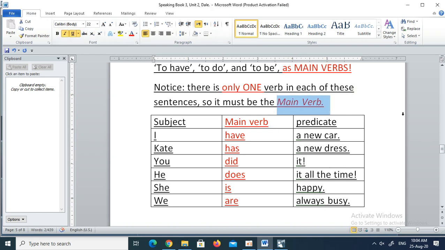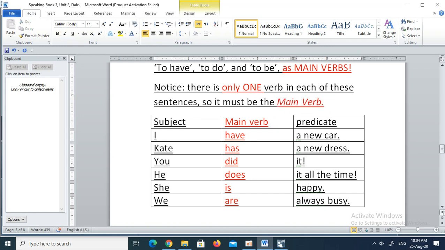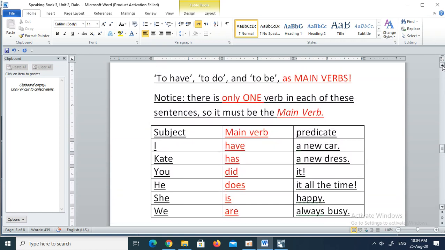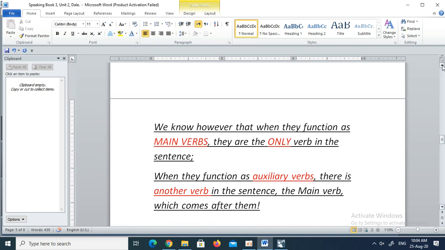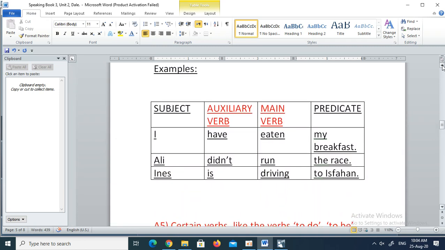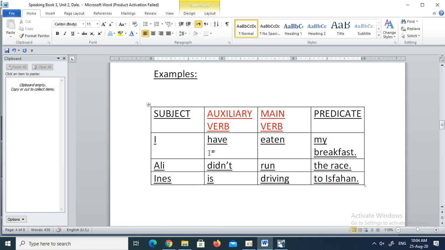Now, let us show you the difference when they are used as auxiliary verbs. When they are being used as auxiliary verbs, then they are used as we use them here. There are two verbs, and when they are used as auxiliary verbs, they come first.